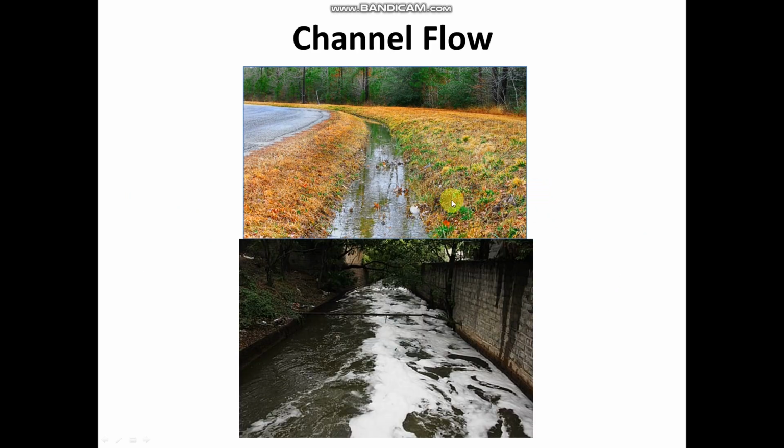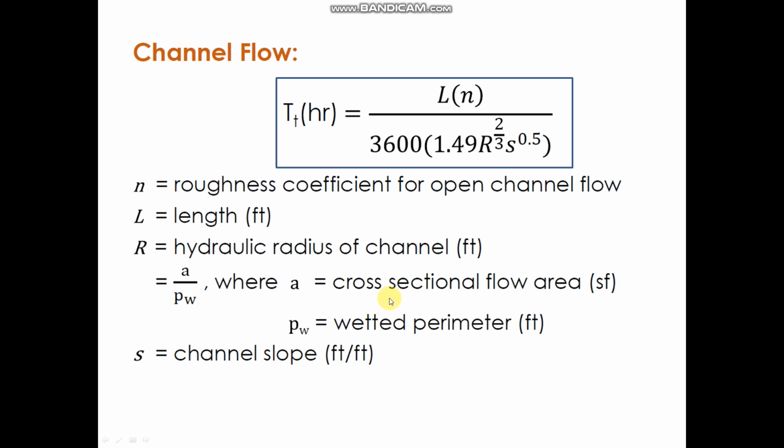And the third one is the channel flow. The channel flow, you can see, is visible in the road ditches or the swales, and you can also see it in a large stormwater channel or a city storm drain. And this is the formula to calculate the travel time in case of channel flow runoff.